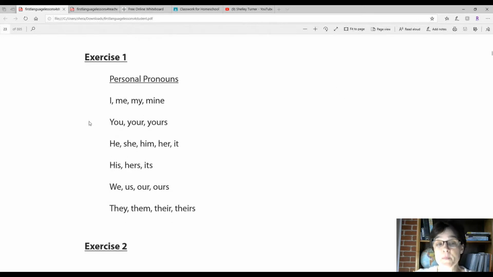So anyway, these are the personal pronouns that we need to learn. You probably should get them memorized, but most likely you're not going to need to remember them. You will just learn to recognize them.